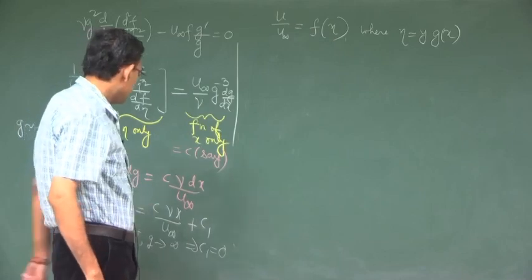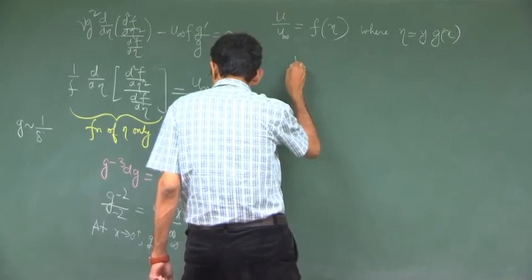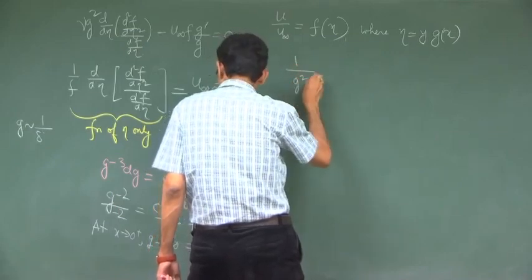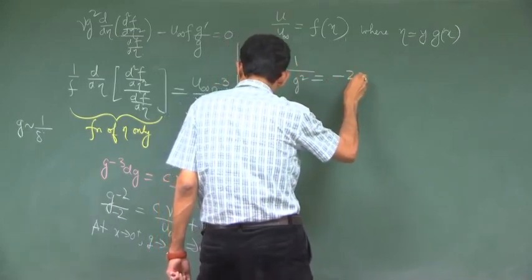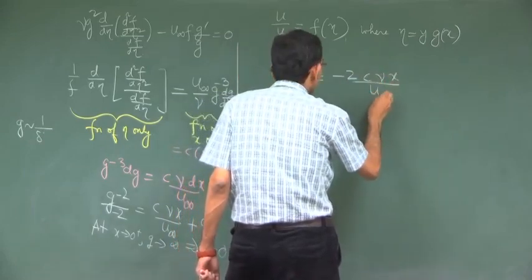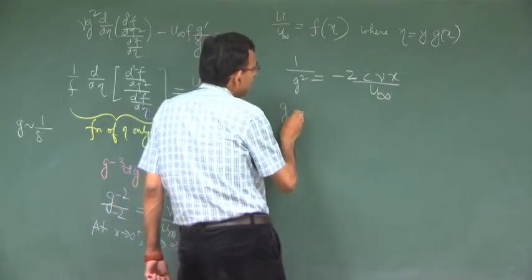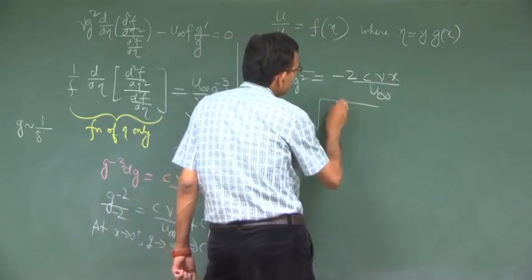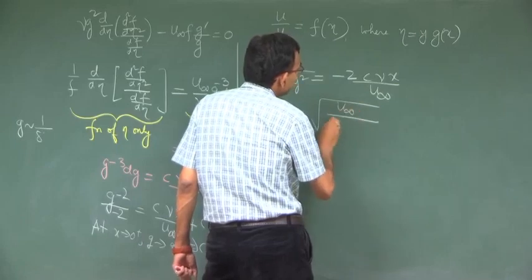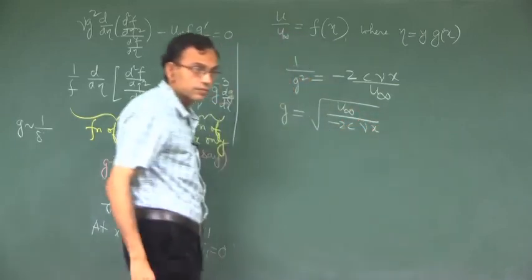So, that means you can write 1 by g square is equal to minus 2 c nu x by u infinity. So, g is equal to square root of u infinity by minus 2 c nu x, right.